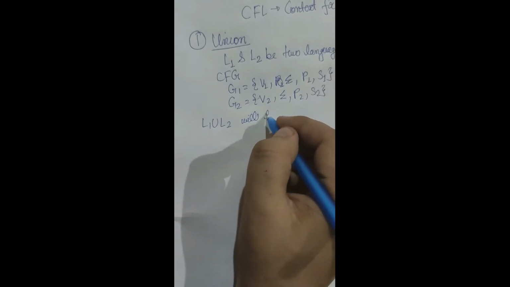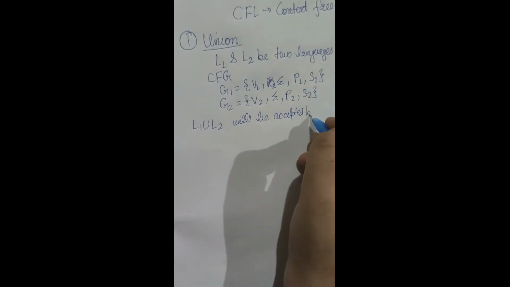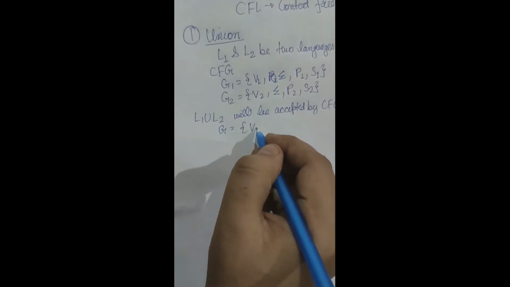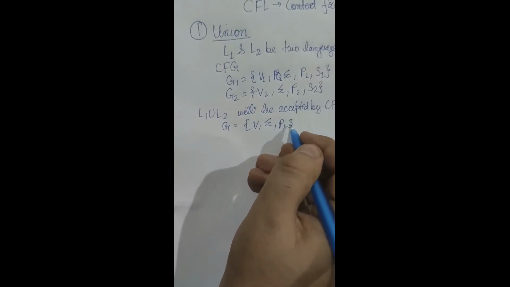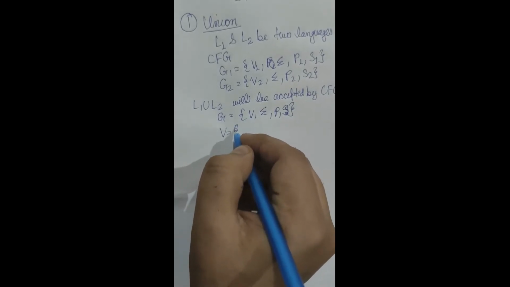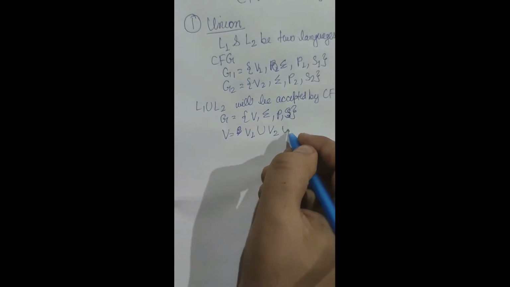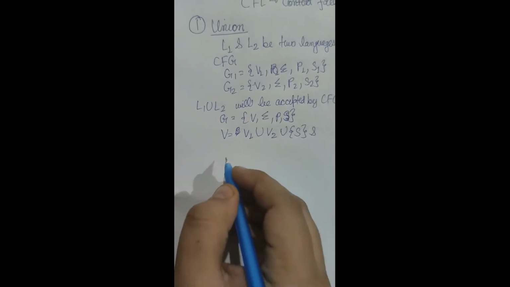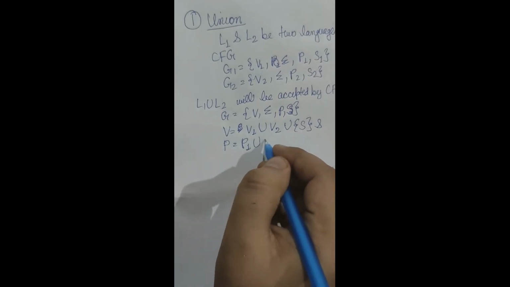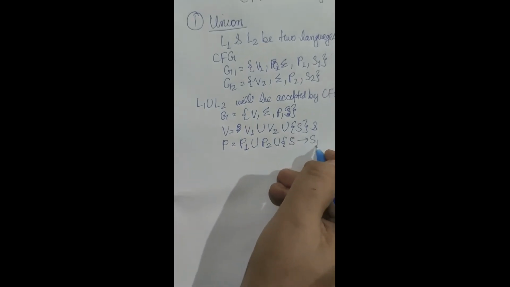a context-free grammar G, that is V, sigma, P, S, where V is V1 union V2 union S, and P is basically the production rules P1 union P2 union S goes to S1 or S2.